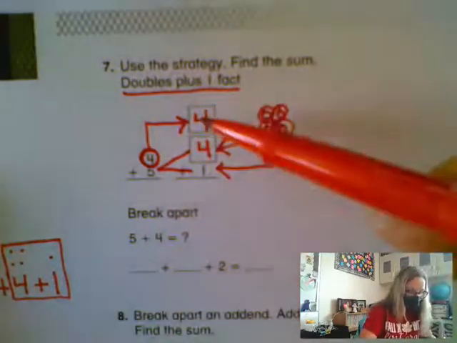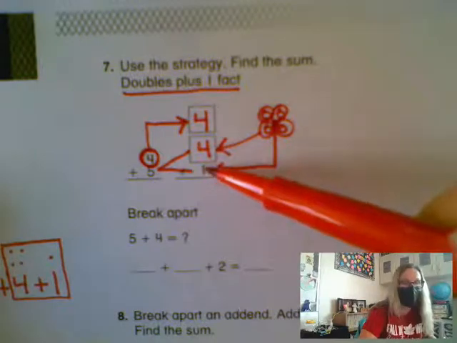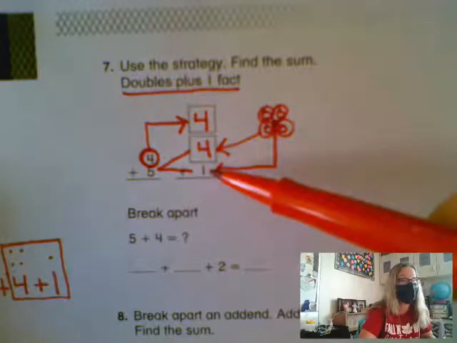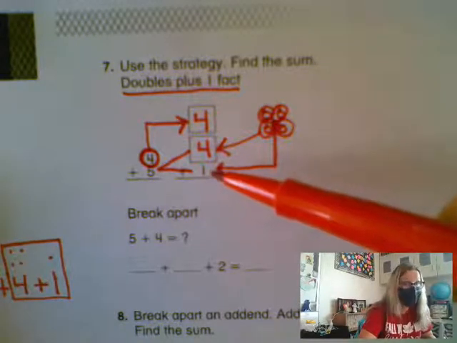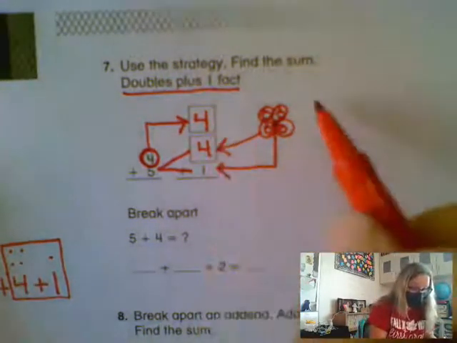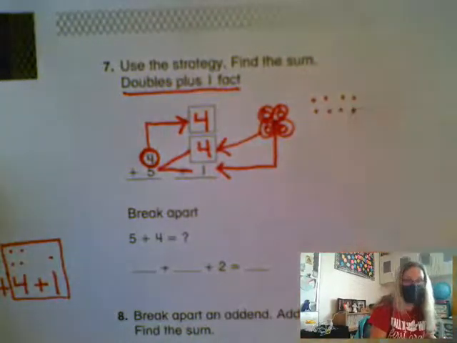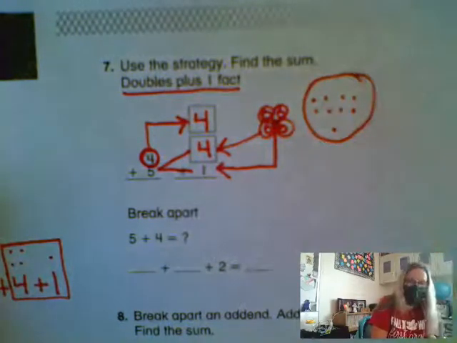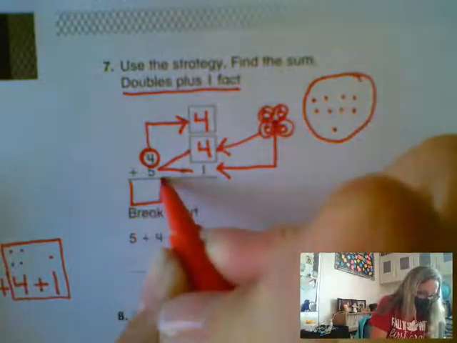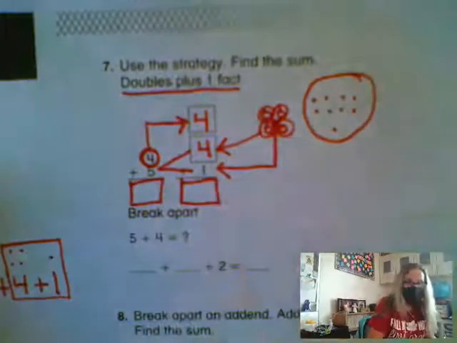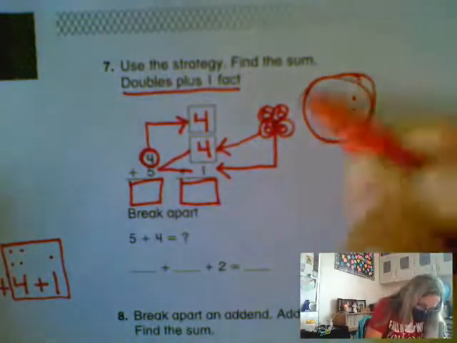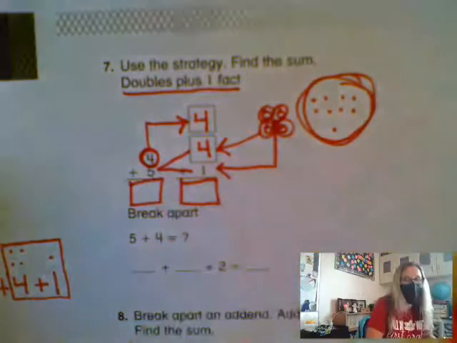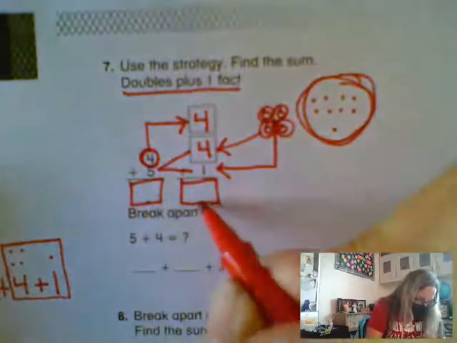So now I have 4 plus 4 plus 1. Is 4 plus 4 a doubles? Yes. Is this a doubles plus 1? Yes. So now you can add up 4 plus 4, 1, 2, 3, 4, 1, 2, 3, 4, and then add one more to it. And that will give you your answer for here and for here. So that total, 4 plus 4 plus 1, or 4 plus 5, is the same answer for both of those.